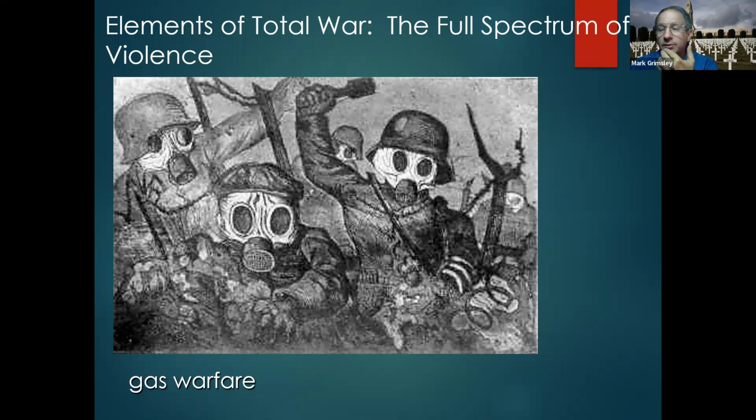And this included mustard gas getting into the lungs, where people suffered scarring, sometimes lifetime scarring from the effects of mustard gas, and also mustard gas in their eyes, which could produce temporary and sometimes permanent blindness. So you had the use then of gas warfare as one example of this full spectrum of violence.